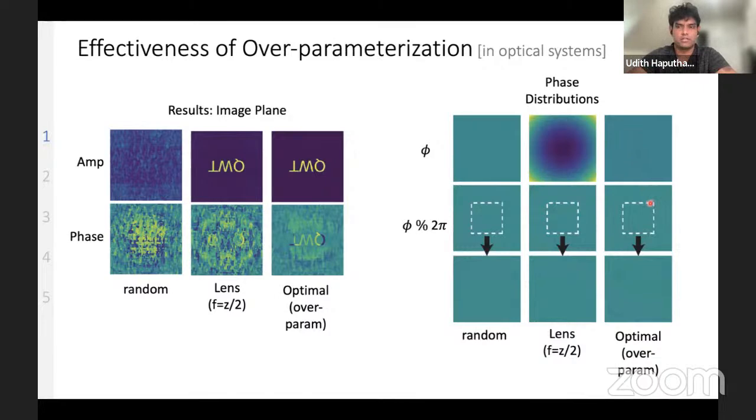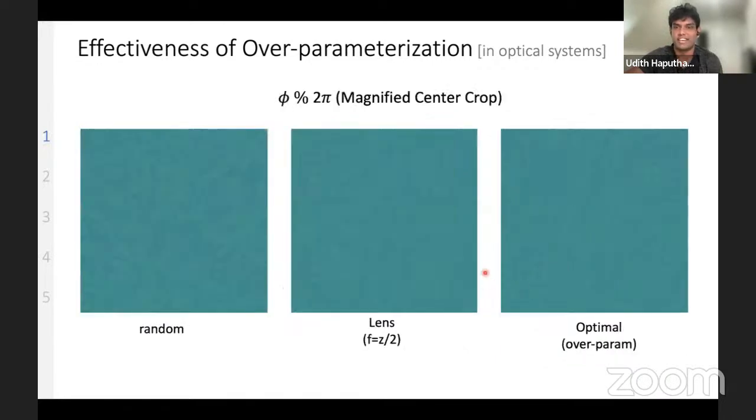Someone suggested I might need to zoom in or see the actual values, because we cannot see anything here. That's why I put this slide. The value range is 0 to 2 pi because it is taken mod 2 pi.